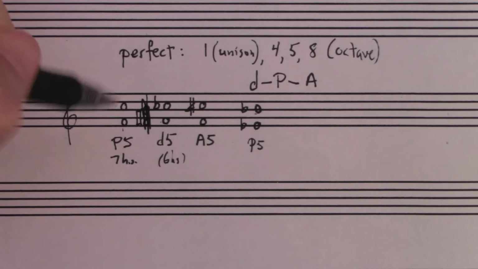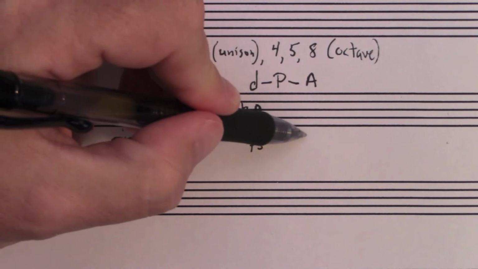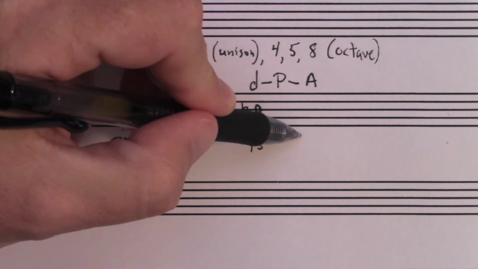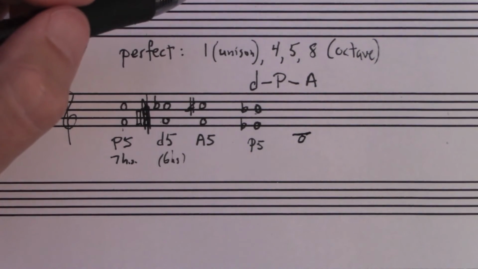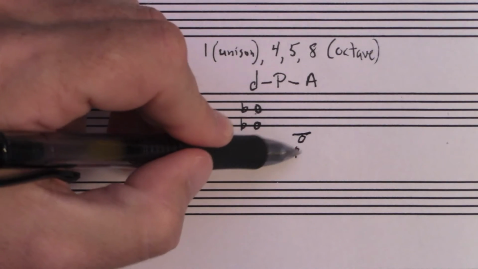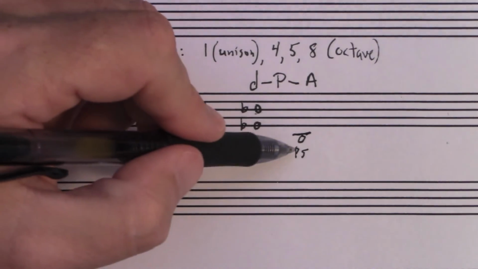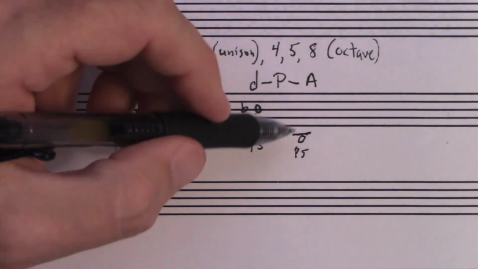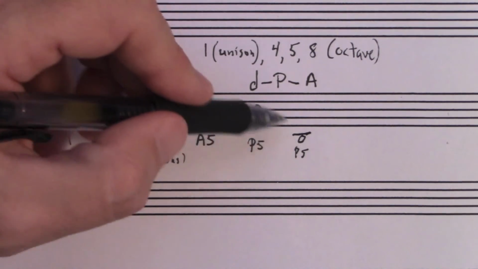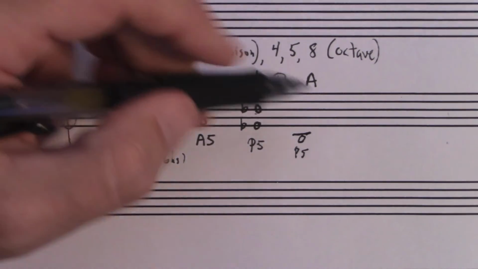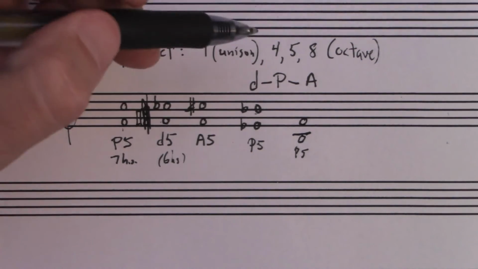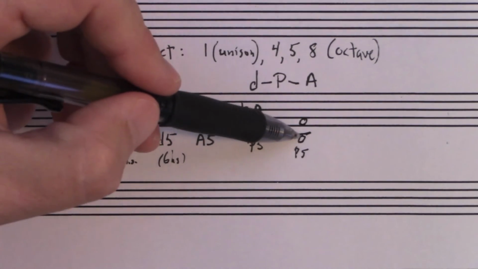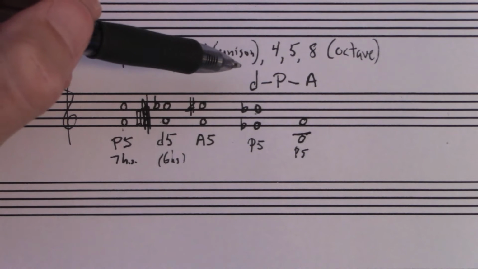Okay? What if we want to, let's say, write a perfect fifth above B? What's our letter? B, C, D, E, F. That's our letter. Now, how many half steps is that?